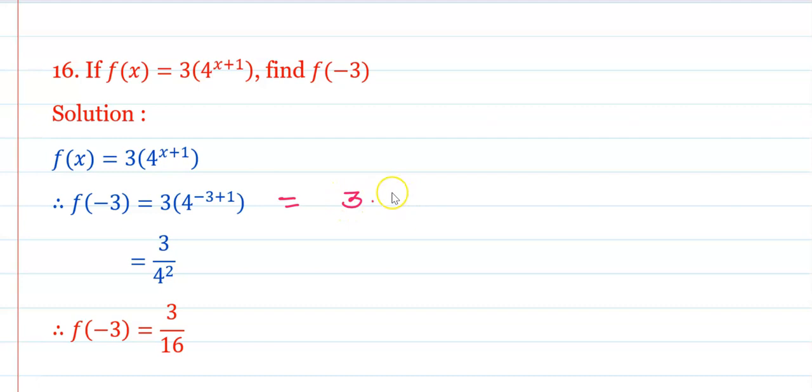This is the 3; 4 raised to minus 3 plus 1 means 4 raised to minus 2. That is equal to 3 into 1 upon 4 squared, which is equal to 3 upon 16. And this is the answer: f of minus 3 is equal to 3 upon 16.